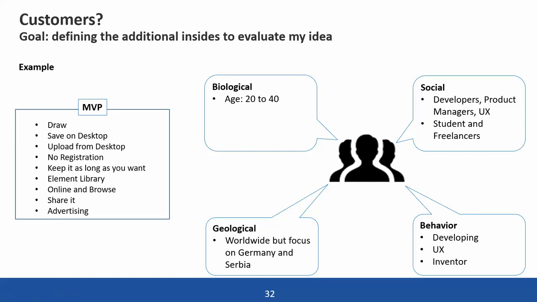I think my really best target group are students, freelancers, really small companies in these fields, with these beliefs, hobbies and interests, that are not part of a big company with budget and security issues. I think I have narrowed it down to a really good target group.